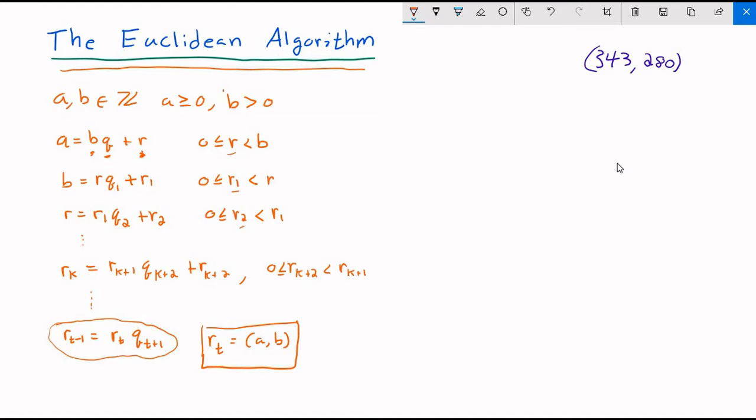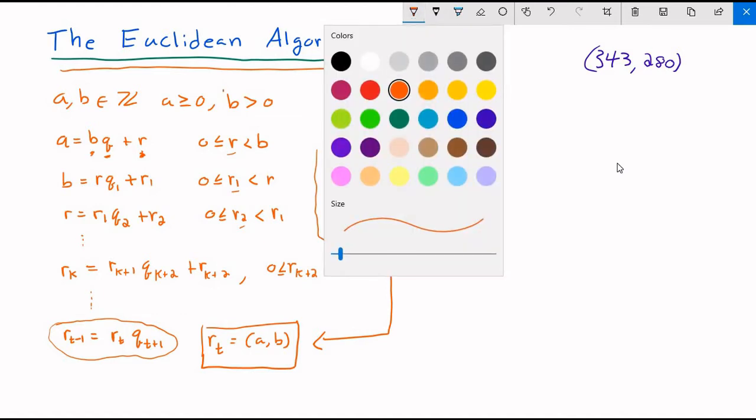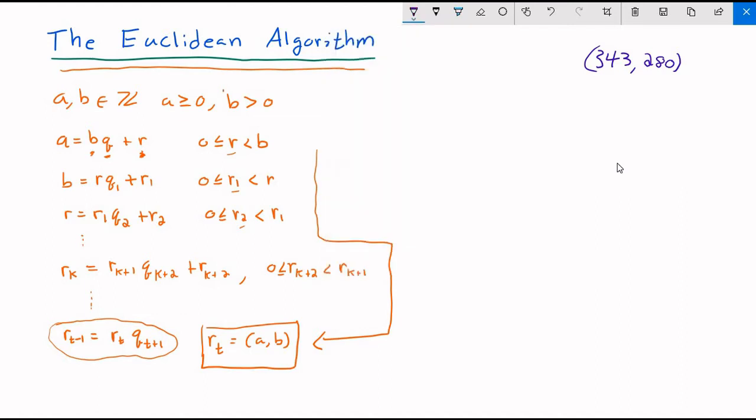So now by repeating that process again and again and again, we have a systematic way of coming to this number r sub t, which is equal to the greatest common divisor of a and b. Okay, so I realize that may be a little bit heady and theoretical looking. There's lots of notation here, so let's first look at an example of this theorem in action, and then we'll jump into the proof.